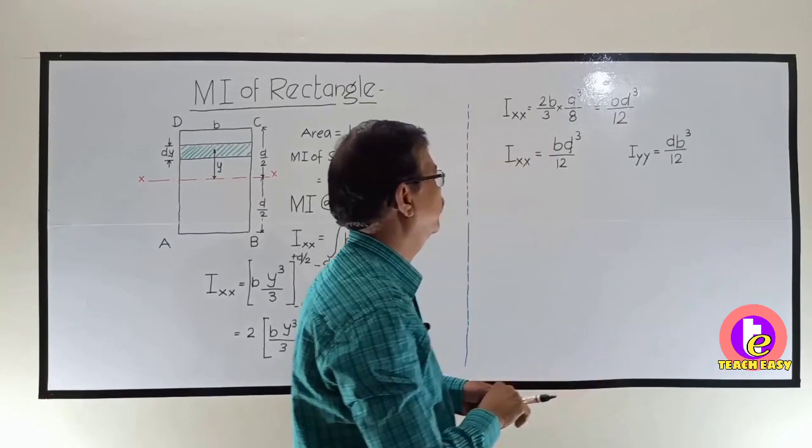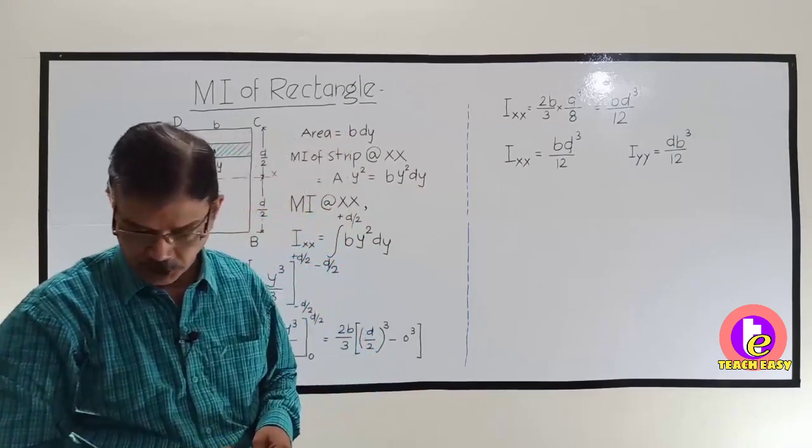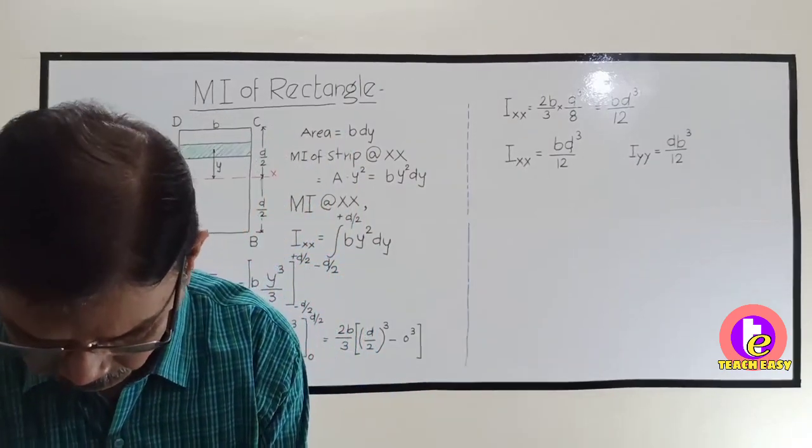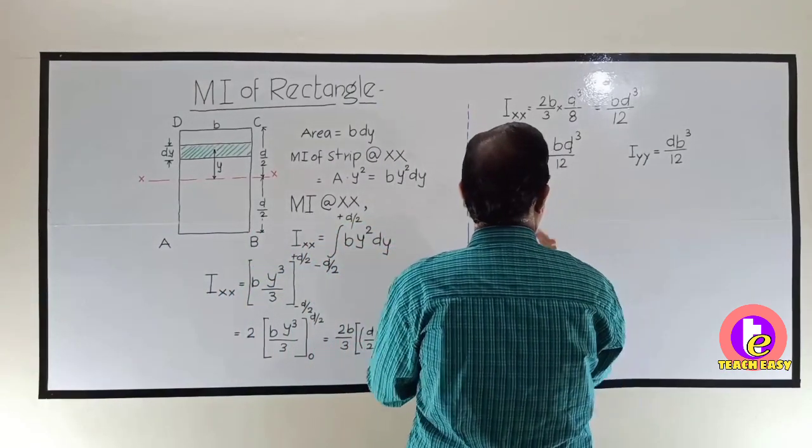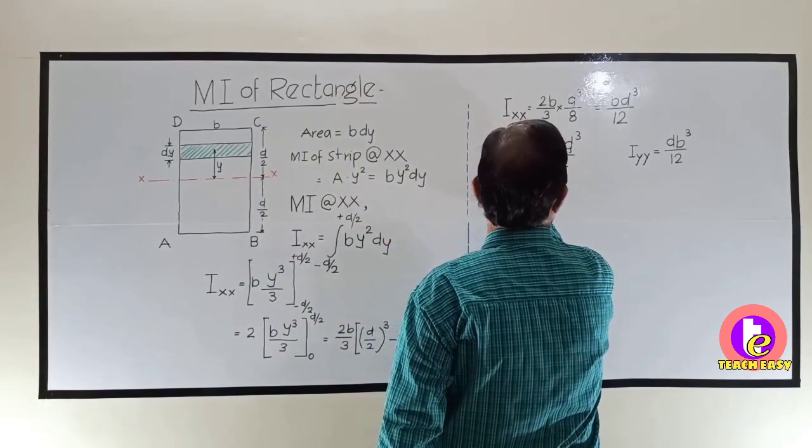So this is the standard formula for moment of inertia of a rectangle about horizontal and vertical centroidal axis.